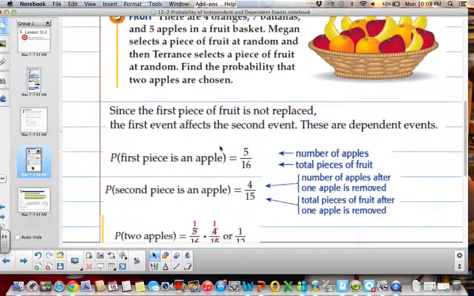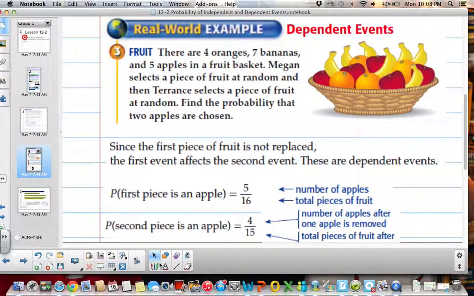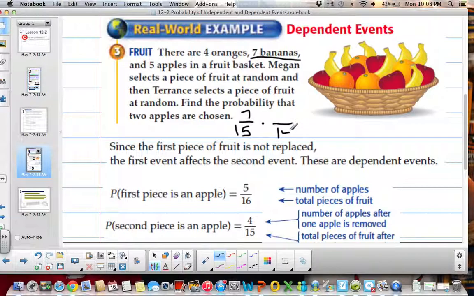I'm going to go back up here and we're going to reread this. So there's 7 bananas. Okay, we want the probability of 2 bananas. So the probability that our first piece chosen will be a banana is 7/15. Okay, now if we go in and take another piece of fruit and try to get a banana, we only have 14 left.